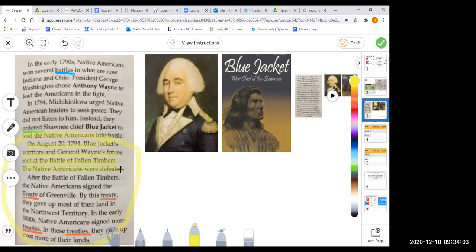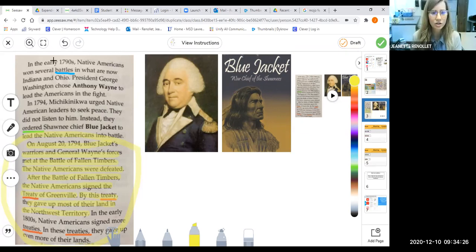After the Battle of Fallen Timbers, the Native Americans signed the Treaty of Greenville. By this treaty, they gave up most of the land in the Northwest Territory. Yeah, thank you, Ashley, for sharing.